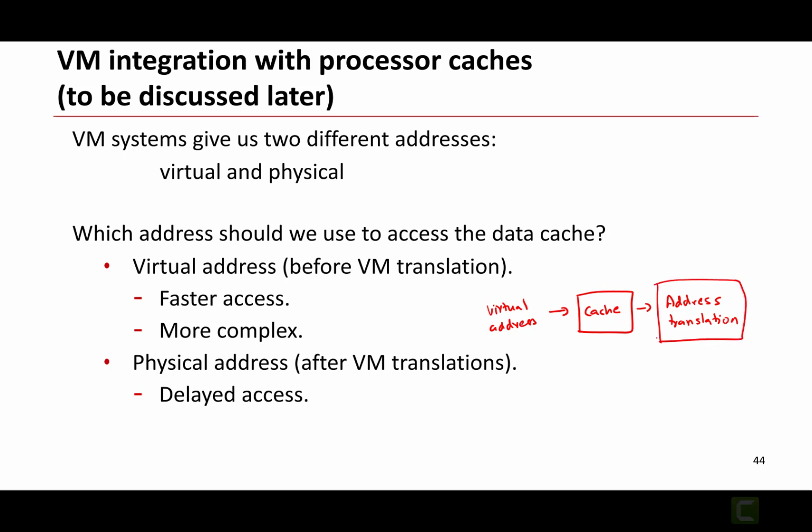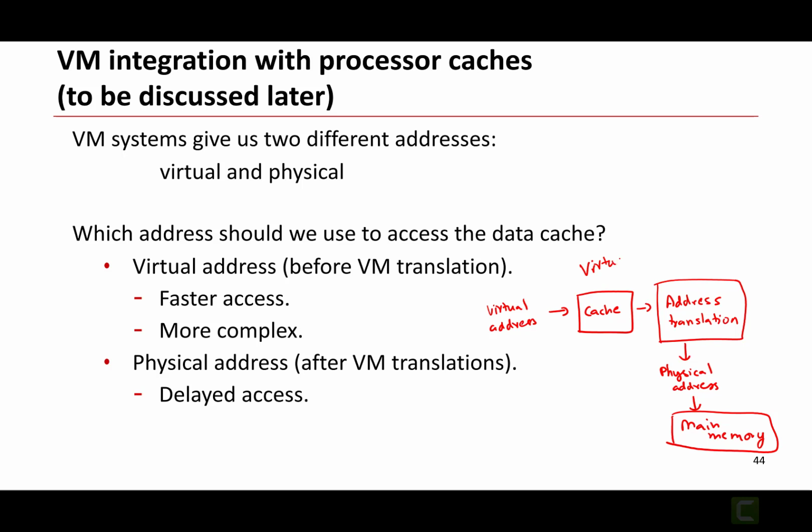But for now, assume that you'll go to the page table, find out what the physical address is, and using this physical address, you can go to the main memory and access the data for cache misses.